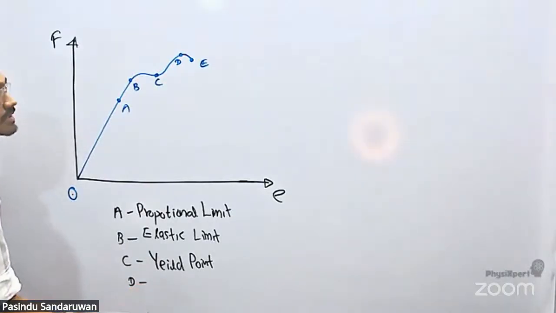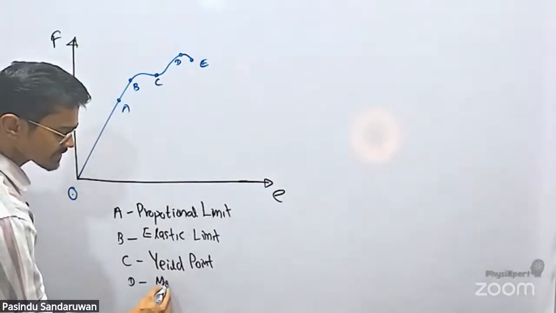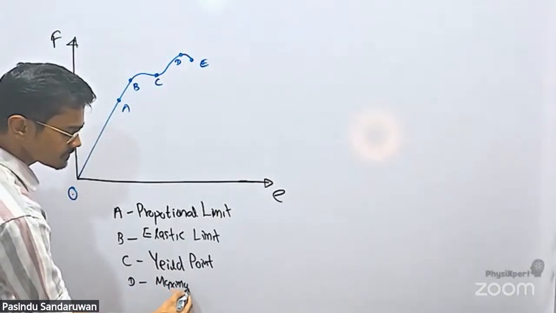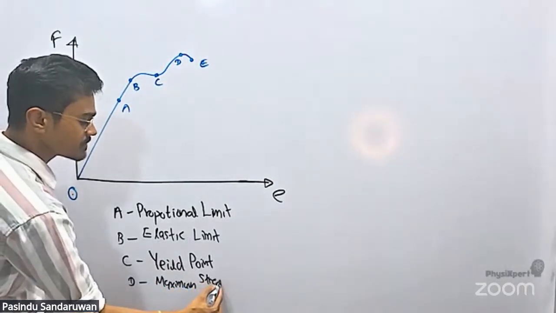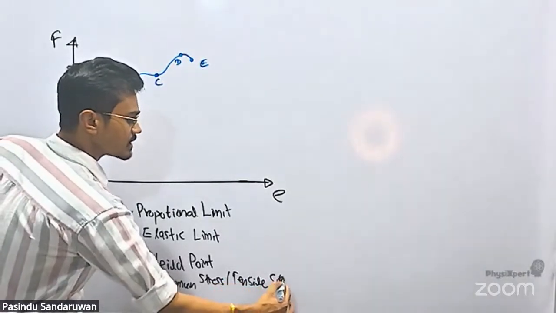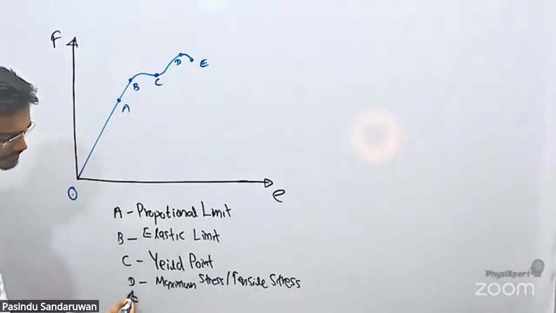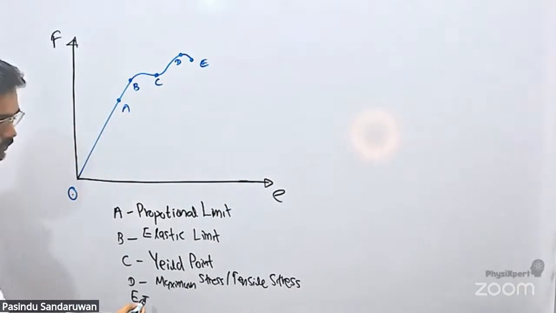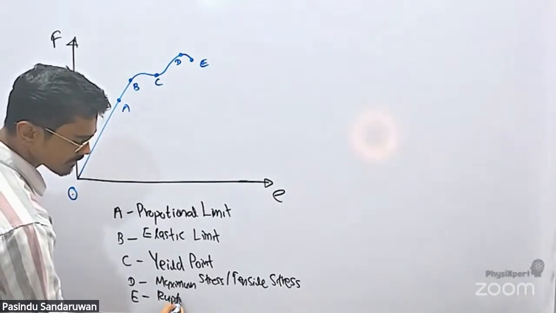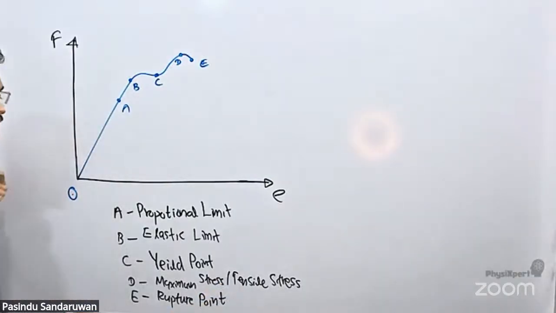D, maximum stress, also called tensile stress. Take this down. And E, rupture point.